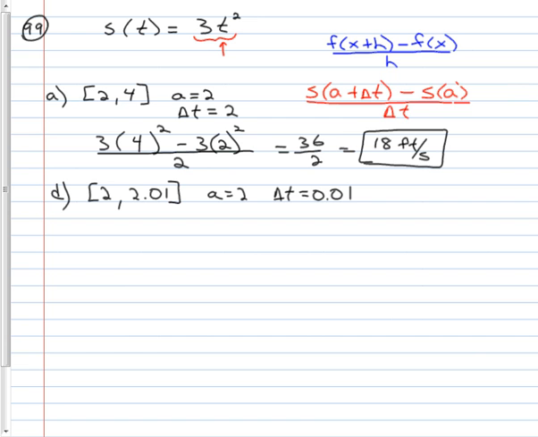So when I use my equation, 3 times t squared, it's going to start as 3 times, well, I start at 2, and I add 0.01, 2.01 squared, minus 3 times, I start at 2 squared. All divided by, my time interval is 0.01. Use a calculator and be careful to get your numerator answer before you divide by 0.01.